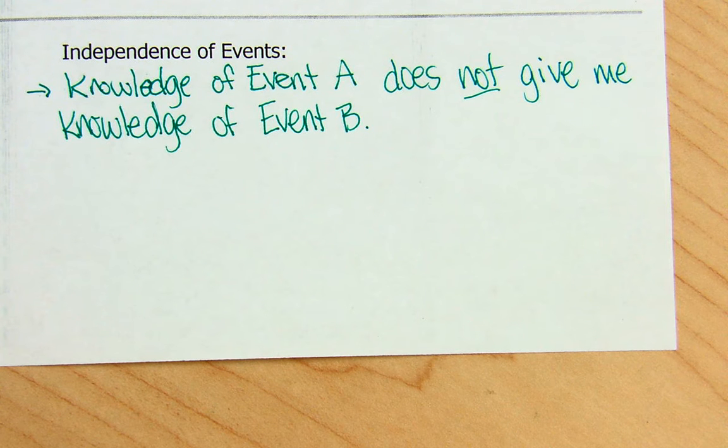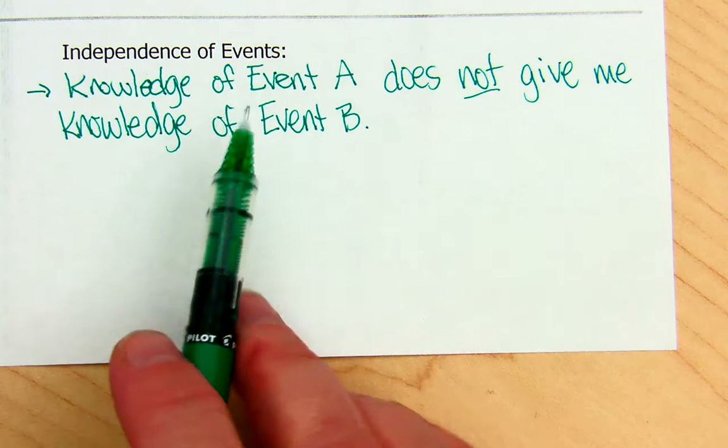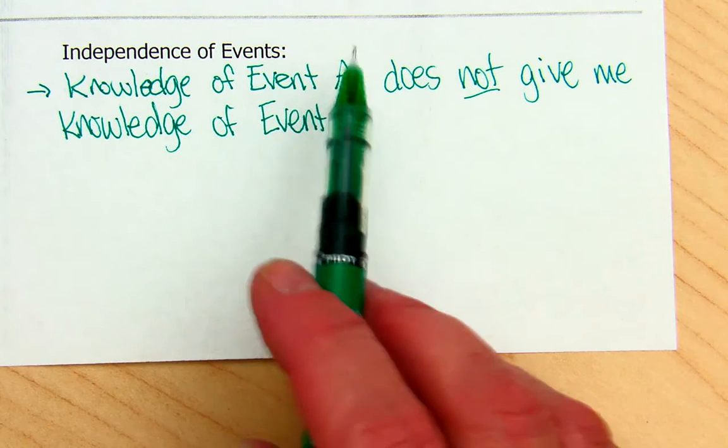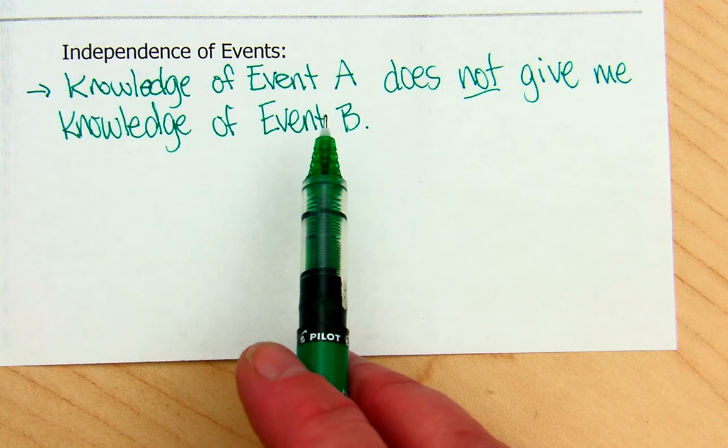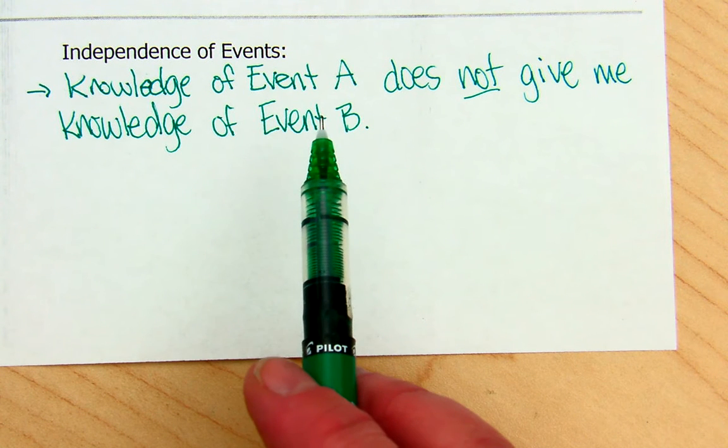Now, whether it's raining or not, and whether I'm wearing red clothing, those really are not related, because whether it's raining or not has no bearing on what color of clothing I'm wearing. But it does make a difference in whether or not I'm carrying an umbrella. Okay, so that's what we're looking at here. Knowing what happened with the first thing doesn't make the other one any more or less likely to happen. That's the idea of independent.